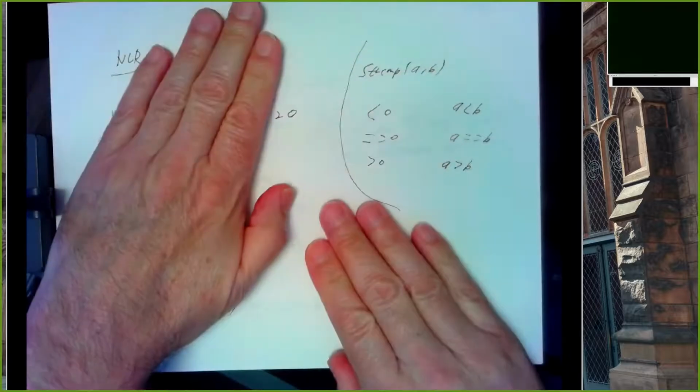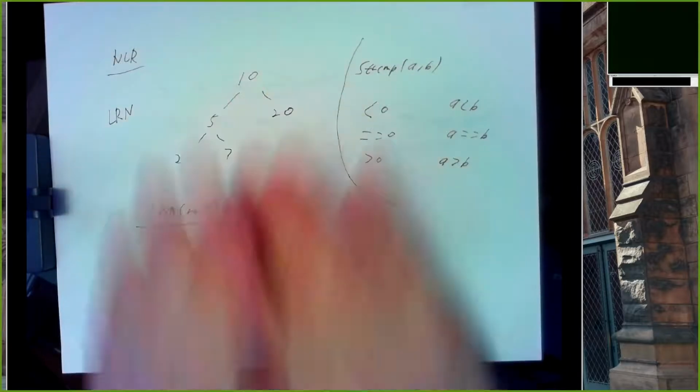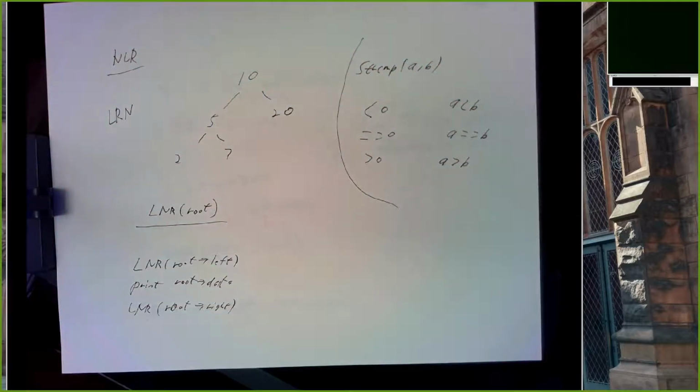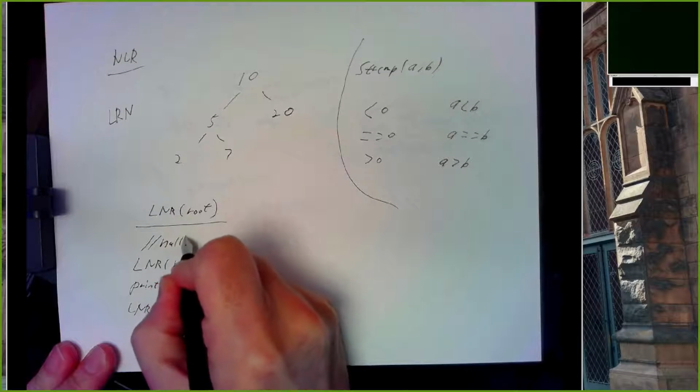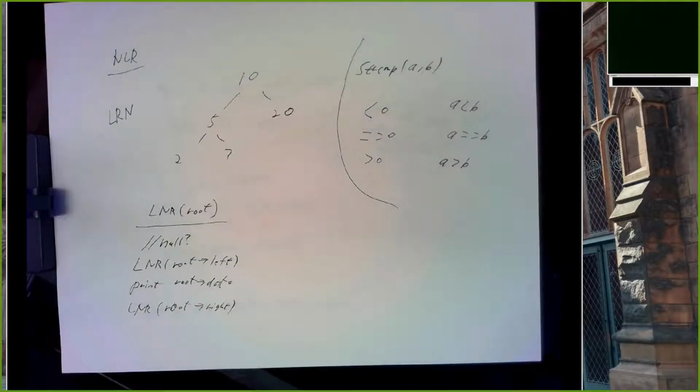Traverse the left, traverse the right, print the root. And the one thing missing here, this only works if your tree has something to traverse. So if the root is null, just return. But assuming the root's not null, go ahead and do this recursive algorithm.